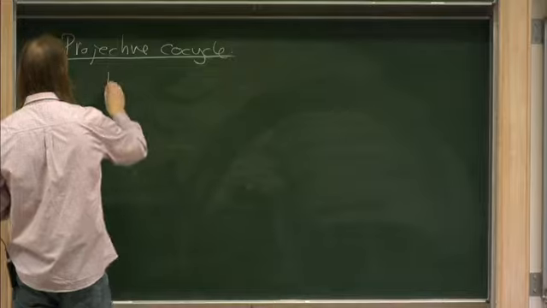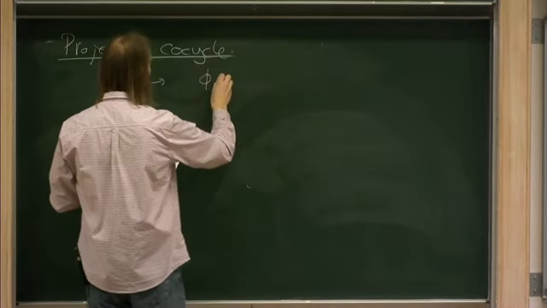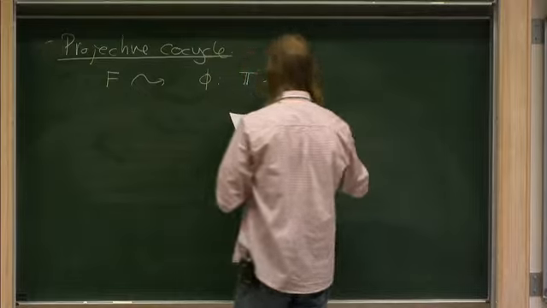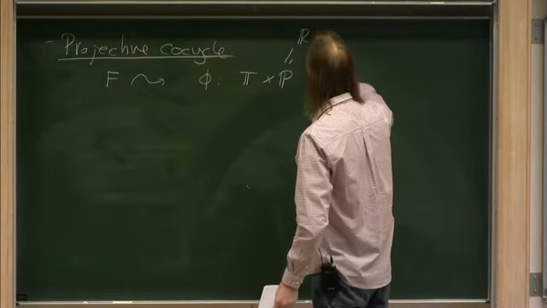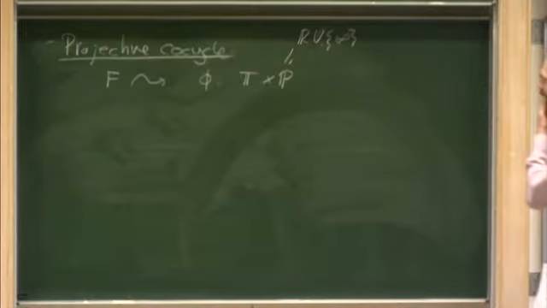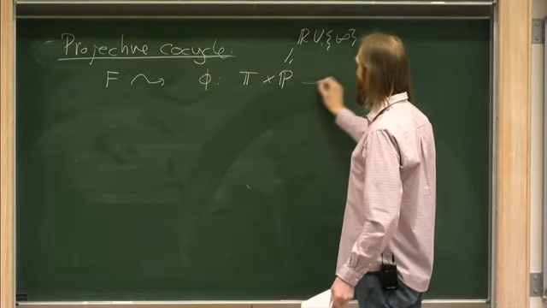So we say that this map F induces in the natural way a map phi from T cross P, and I'm used to think of this as R union the infinity, but you can think of it as a circle.